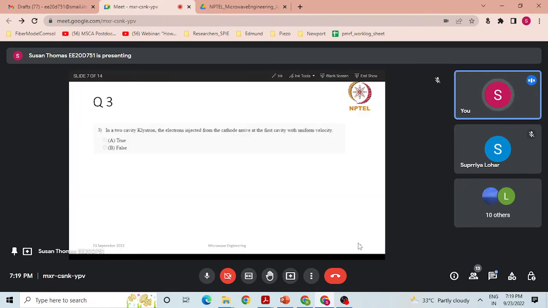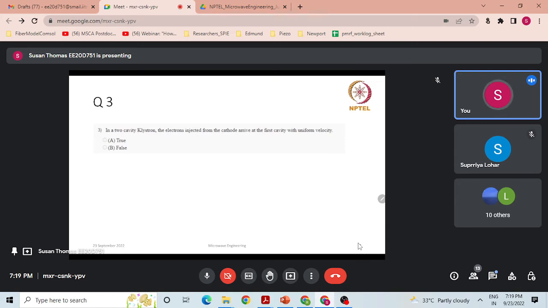In a two cavity klystron, the electrons injected from the cathode arrive at the first cavity with uniform velocity. It's a true or false question. What do you think? Electrons are just emitted from the cathode and reach the first cavity, so is it with a uniform velocity or not?